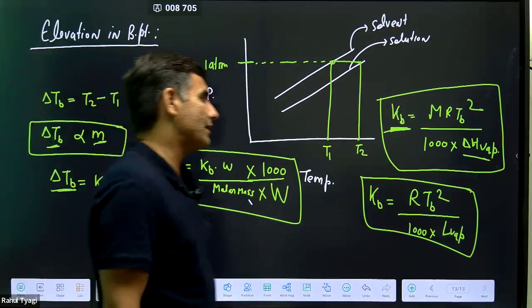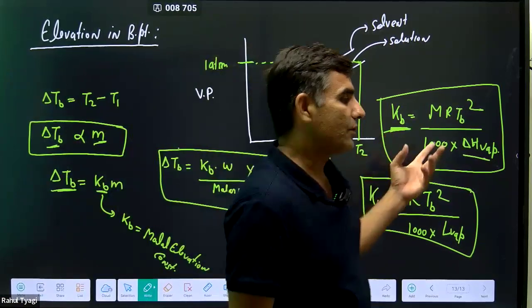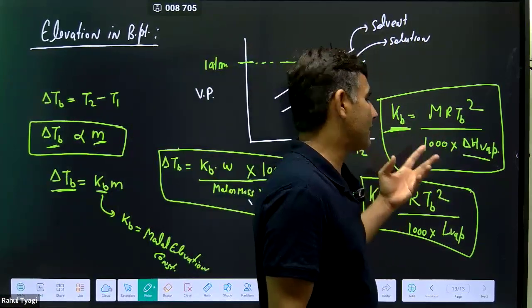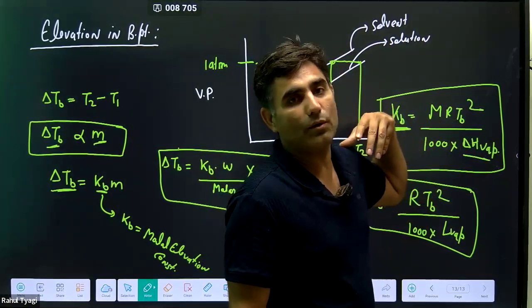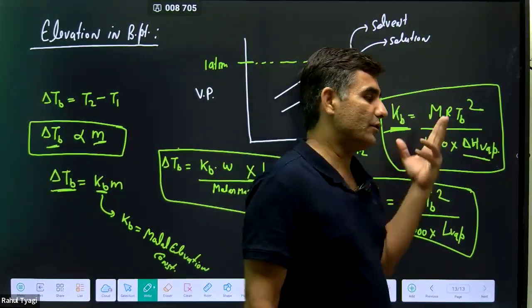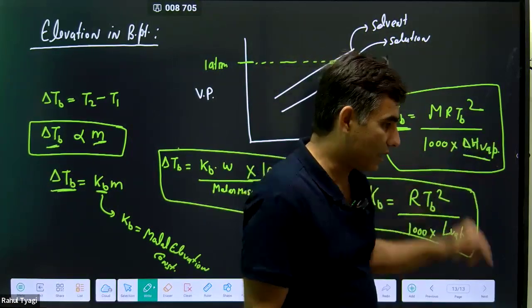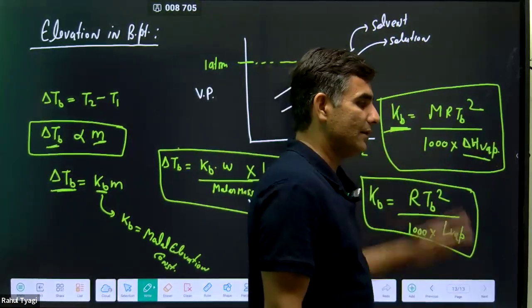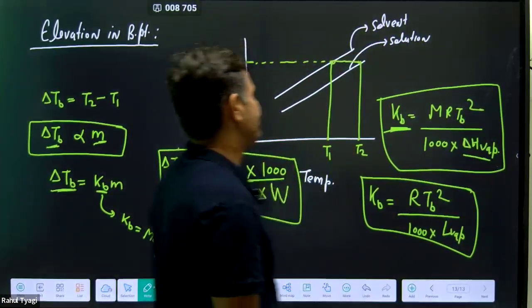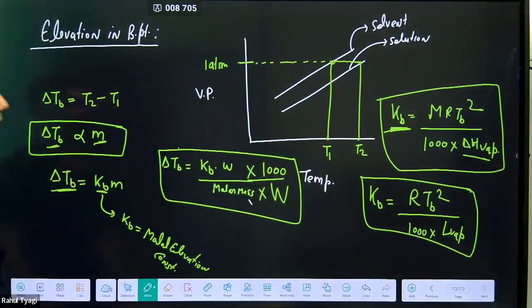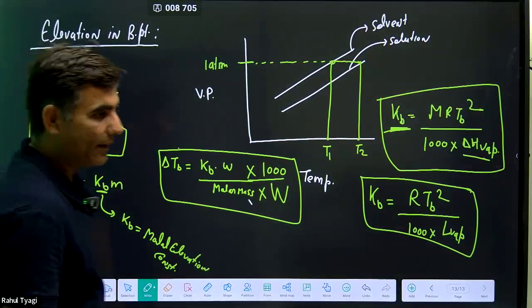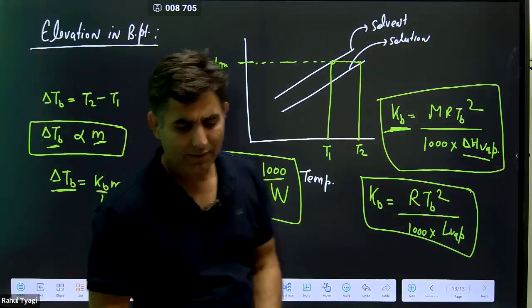And what we understand about the nature of Kb is that the higher the boiling point, the higher the value of Kb, and the lower the enthalpy of vaporization, the higher the value of Kb.